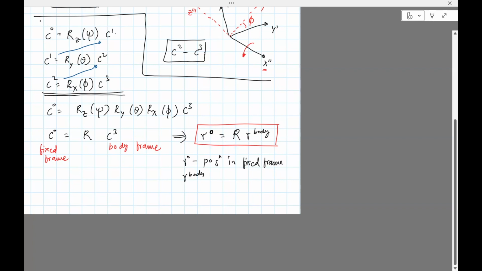R body is position in the body frame, and capital R is the necessary rotation matrix. So you can relate how an object is going to be oriented when you rotate it in three-dimensional space using this notation, which is the same in two dimensions, except that R would be less complicated.